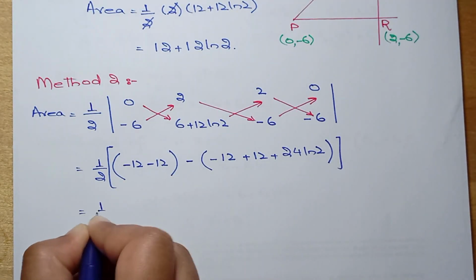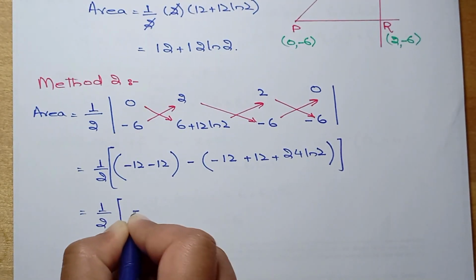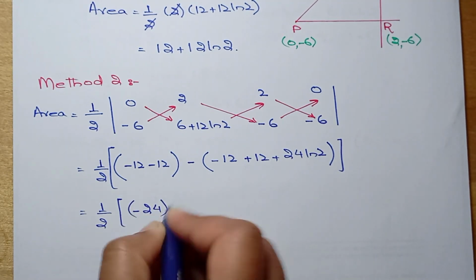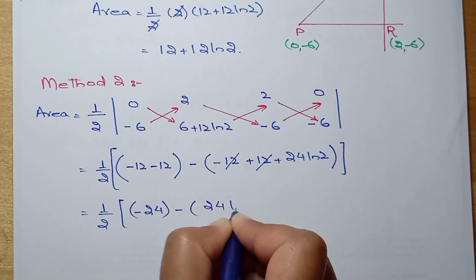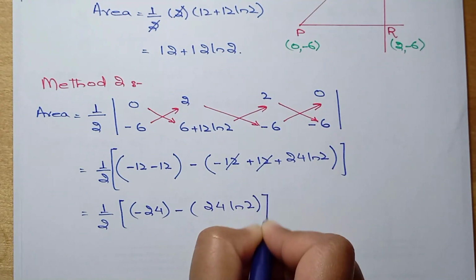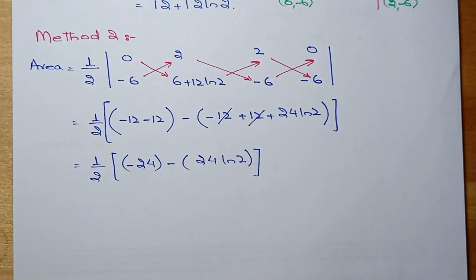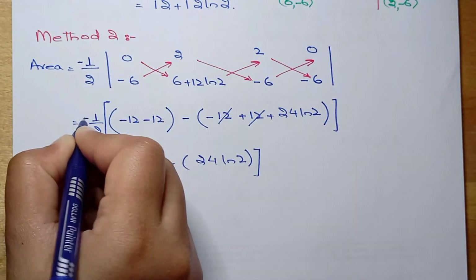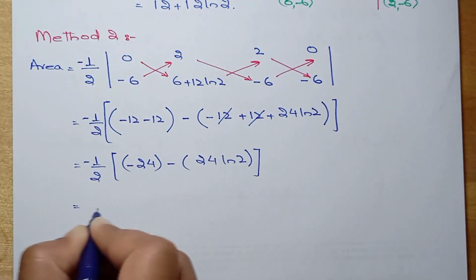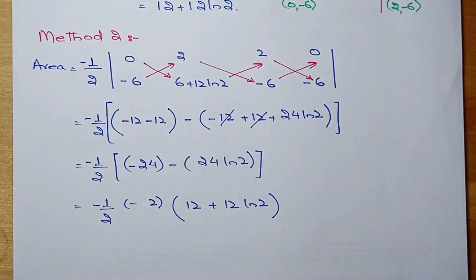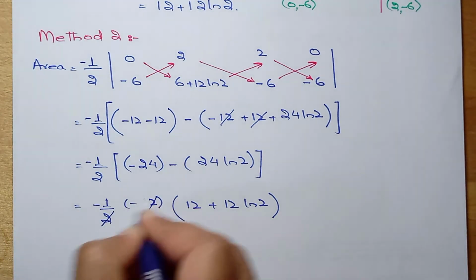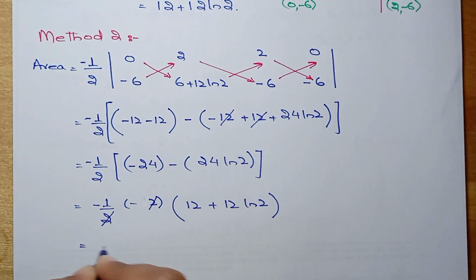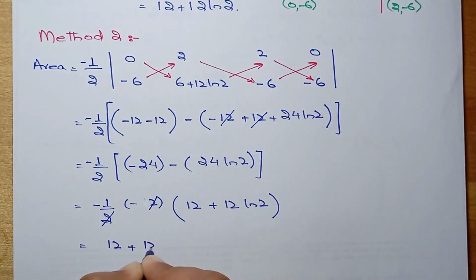So 1 by 2, here we have -24 minus, here we have plus 12, -12 is cancelled, it's just 24 ln 2. Okay, sorry, in this method we have -1/2 outside. So let me take minus 1 by 2 and if we take negative 2 outside, 2 times 12 is 24 and 2 times 12 is 24. We can cancel the 2 and negative times negative is positive. So the area is 12 plus 12 ln 2.